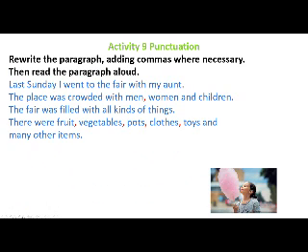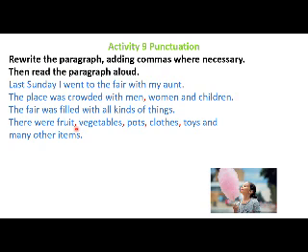Now let's see the fourth sentence of the paragraph. There were fruit, vegetables, pots, clothes, toys, and many other items. Here in this sentence also you can see a series of nouns, right? Fruit, vegetables, pots, clothes, toys, and many other items. You have to insert commas to separate nouns, right? What are the nouns?